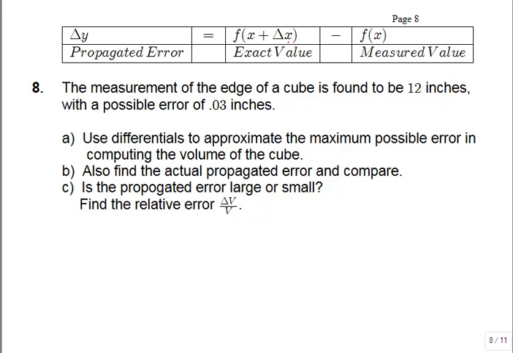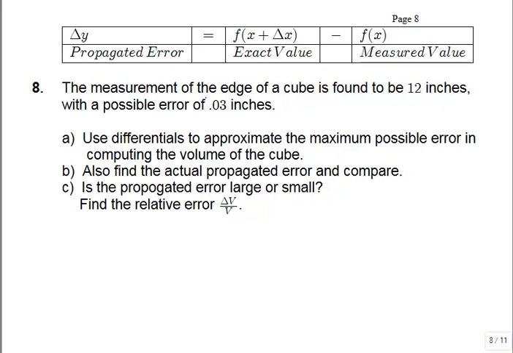Now f of x plus delta x is what we're going to call the exact value. f of x is that good value, which is our measured value. When we subtract these two, that's what we call our propagated error. So the exact or true value minus the measured value is the error that you incur during that measurement.